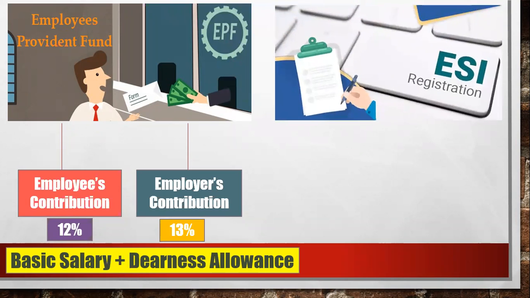Next is ESI. What is the percentage rate of ESI? For the employee 0.75 and for the employer 3.25. Yes. What is the full form of ESI?